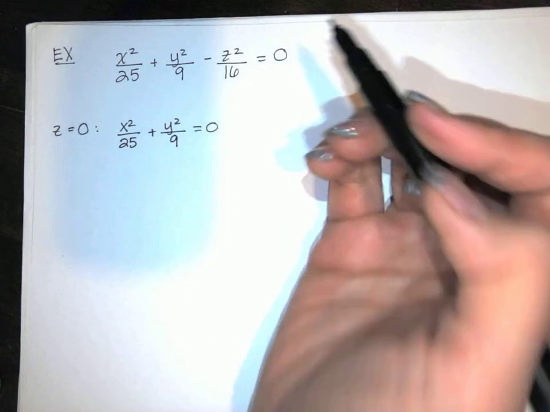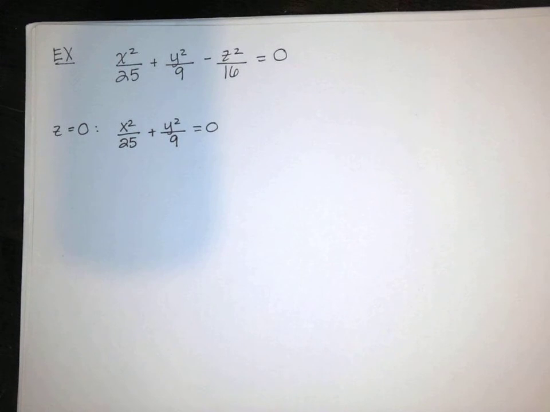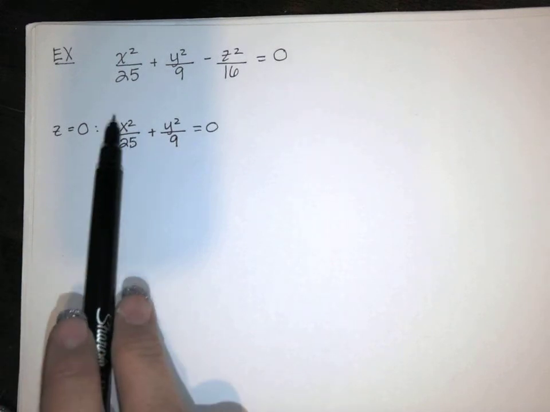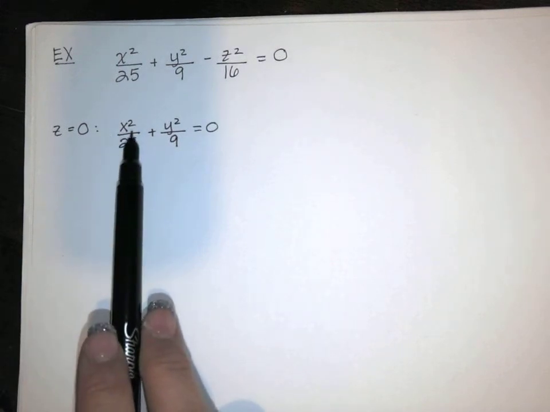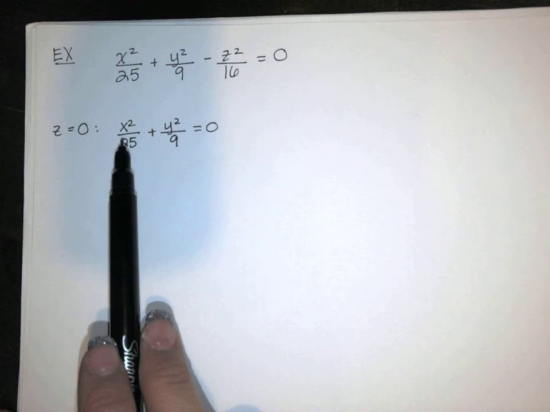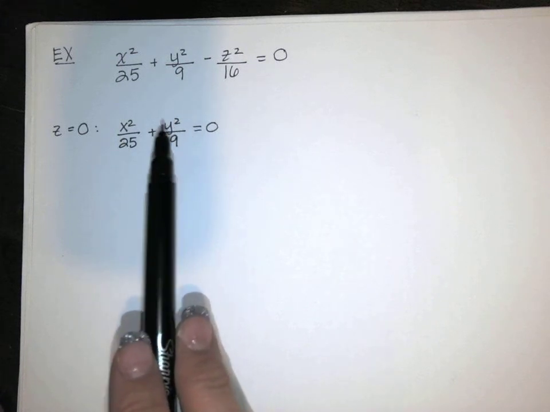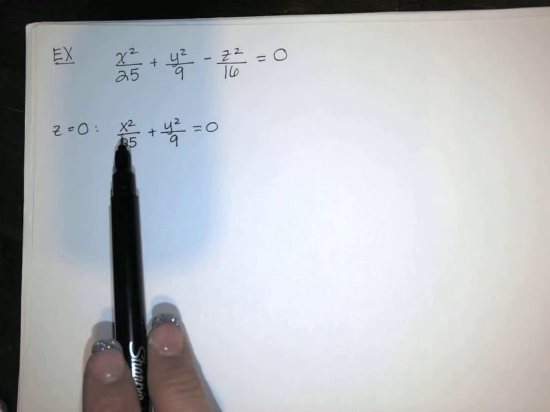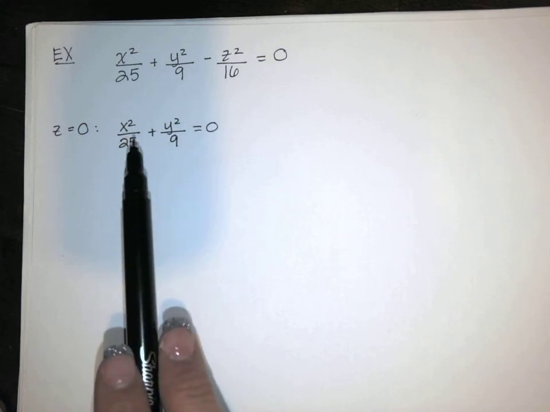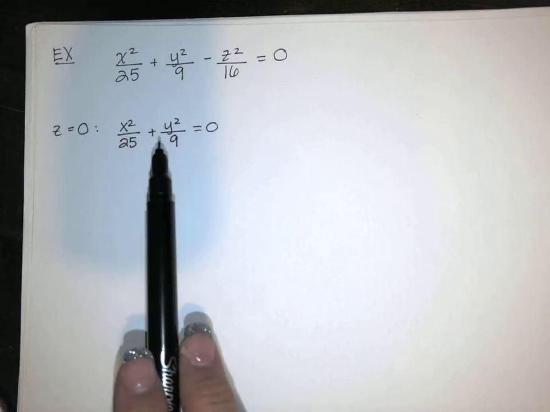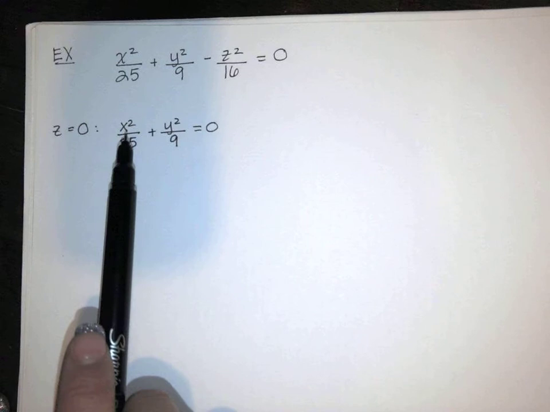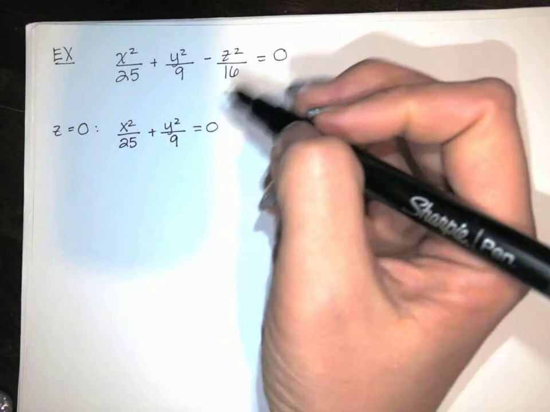Let's think about this. When does this happen? Well, this is positive except for when it's 0, and it's only 0 when x equals 0. And this is positive except for when it's 0, and it's only 0 when y equals 0. So if the sum of these two things that are always positive except for when they're 0 is 0, well then this has to be 0 and this has to be 0.